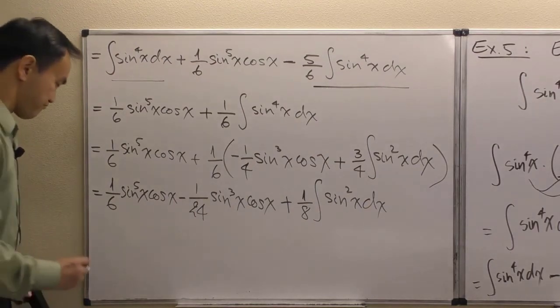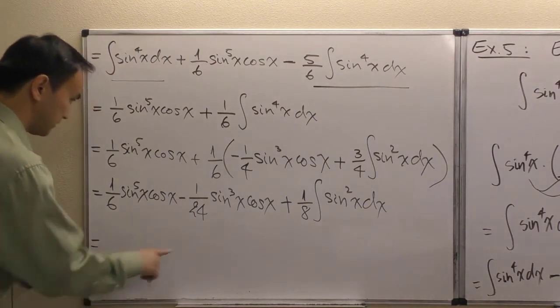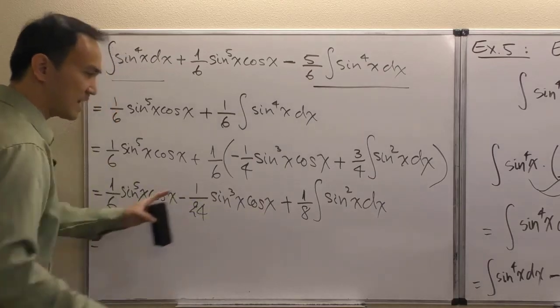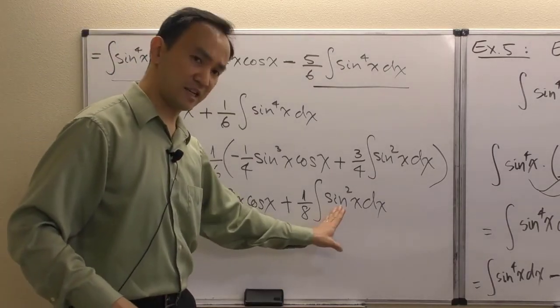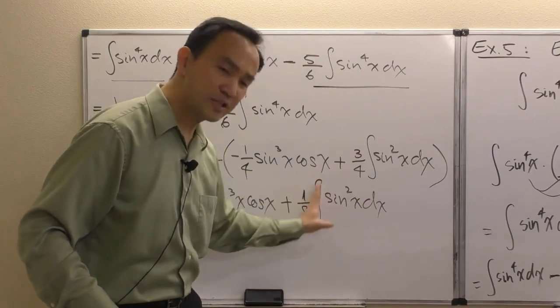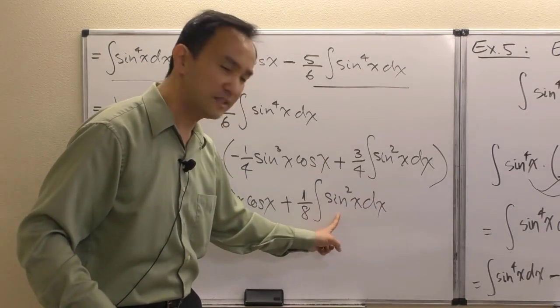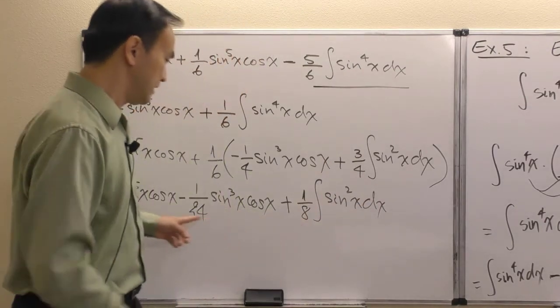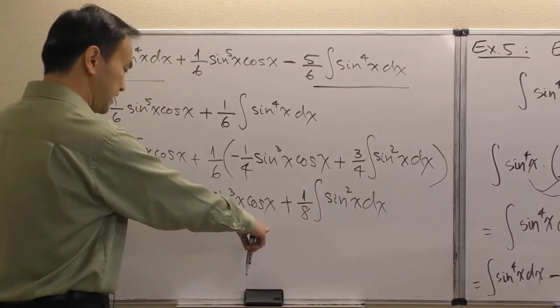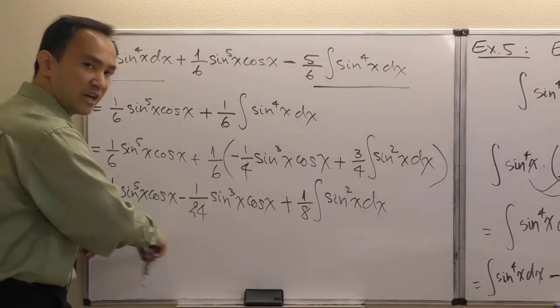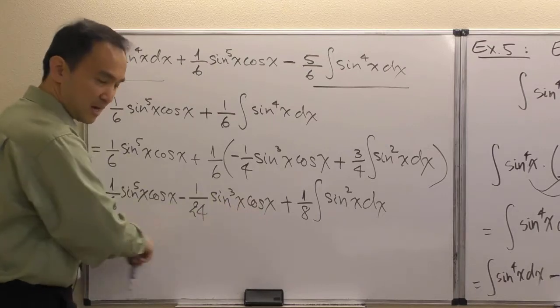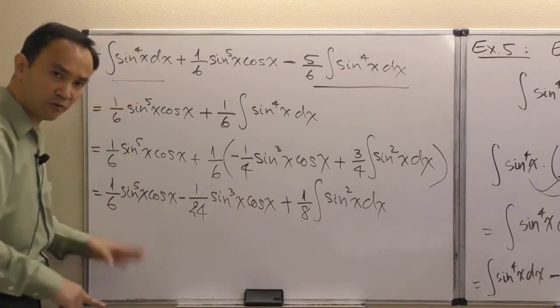Okay, so now with all that, the plan for the rest of the steps is I am going to apply the reduction formula on this again. Okay, but other than that, all of these terms that already got out of the integral sign will stay the same or remain the same for the rest of the steps here.